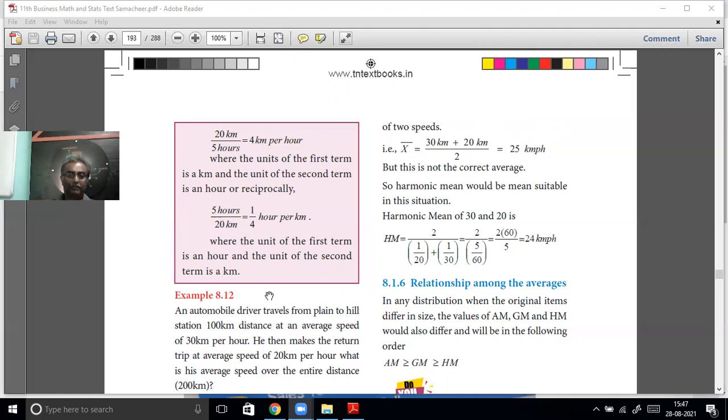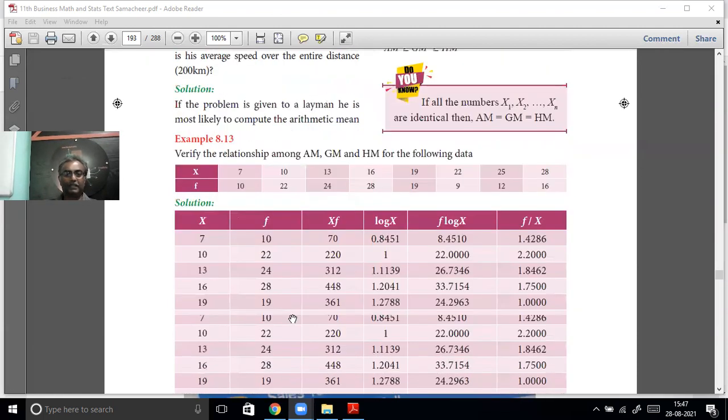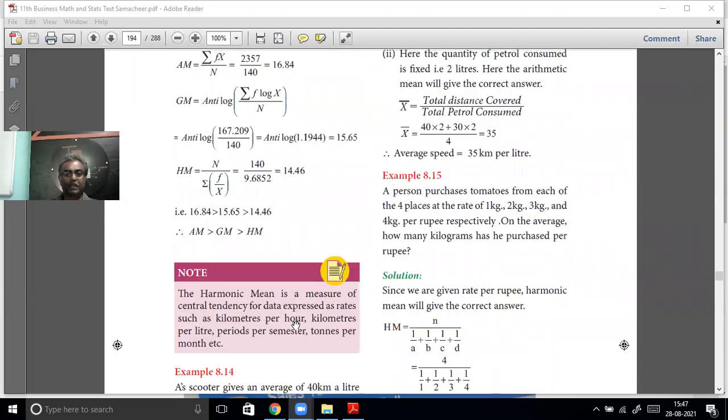There are many examples: number of periods per semester, or tons per month, how many tons were exported per month, or how many tons were imported per month. In this kind of rate situation, you should consider the harmonic mean rather than the arithmetic mean. That is important.